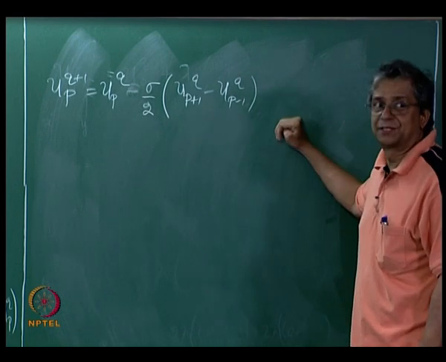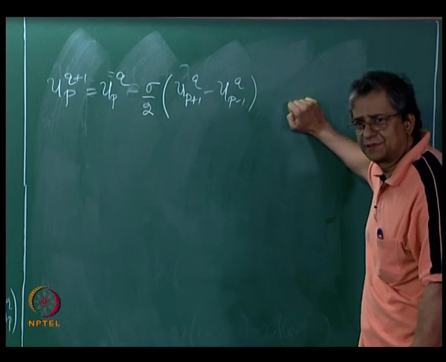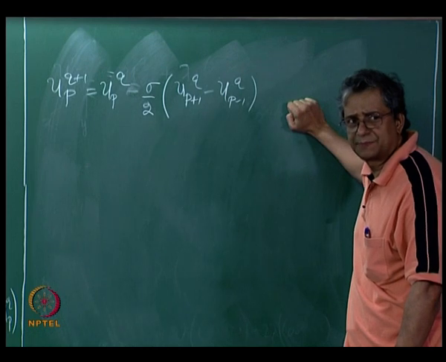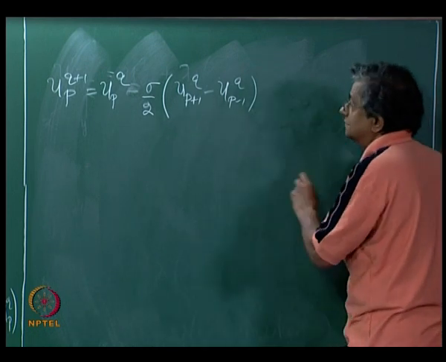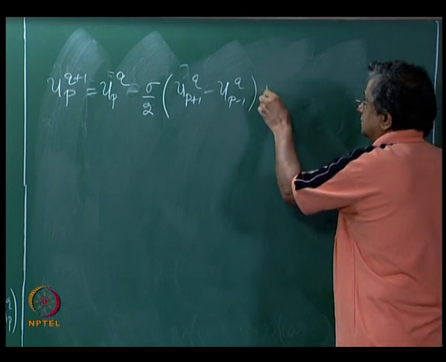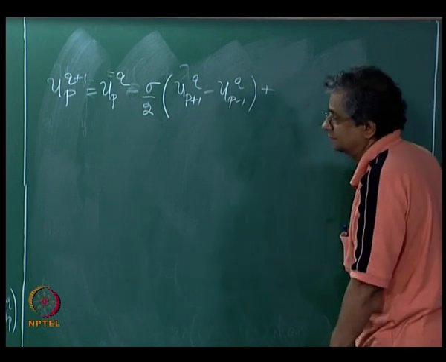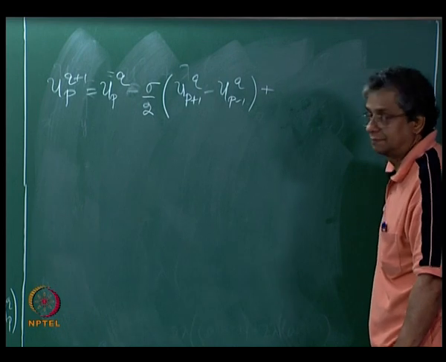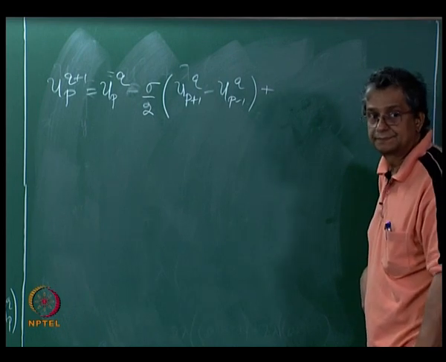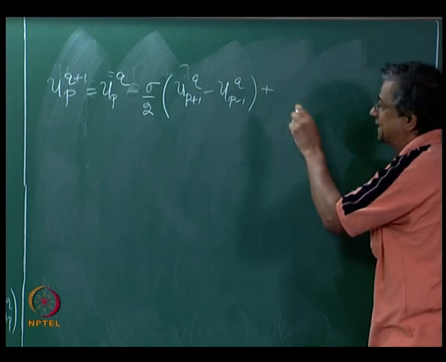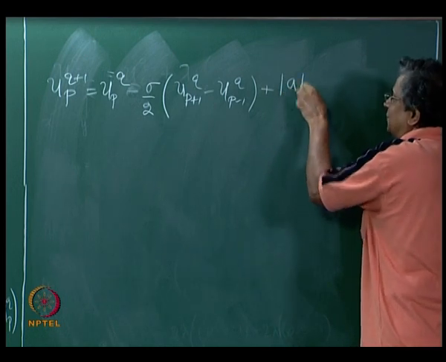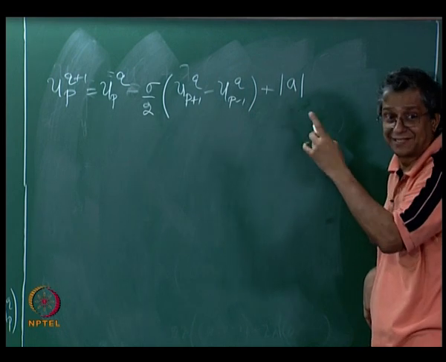I want to add something to this. What was the difference between central difference and backward space, or central space and backward space? Do you remember? Second derivative, but the coefficient is very important. Okay. So it is something like, I will add mod A because we do not know the sign of A.